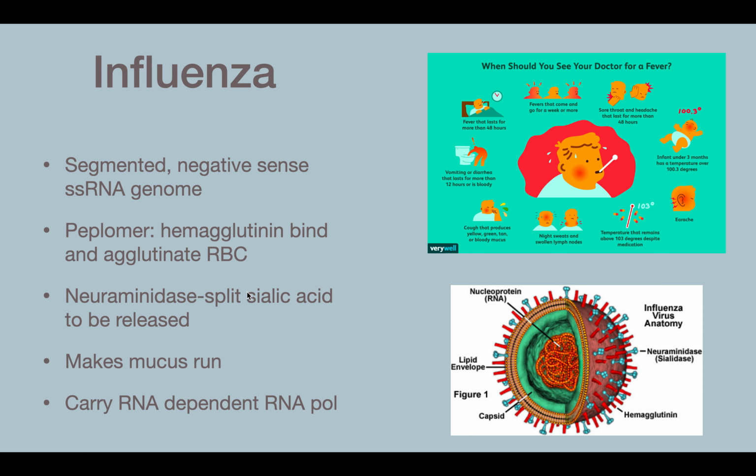In doing so, it decreases the neutrophil response because the neutrophil needs to have the sialic acid intact in order to bind to the receptors. So in splitting the sialic acid, it also makes the mucus runny. That's why you have a runny nose. And since it's a negative sense, it's going to carry its RNA-dependent RNA polymerase.